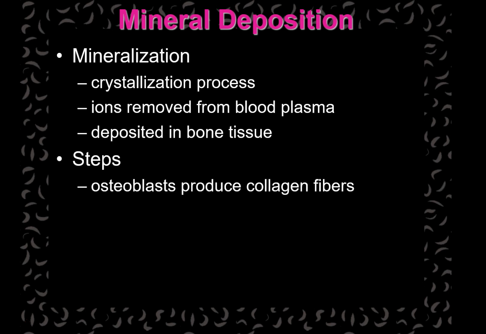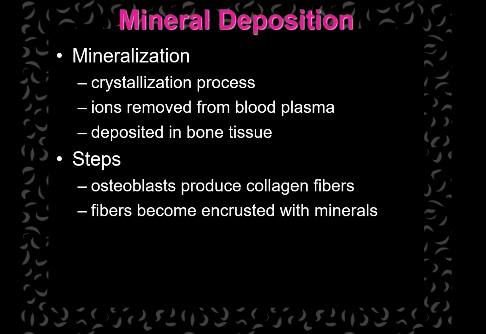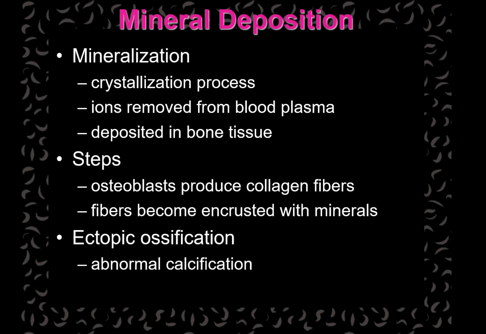Okay? So osteoblasts produce the collagen fibers. The fibers then become encrusted with these minerals, calcium phosphate primarily, and it crystallizes to hydroxyapatite. We can have what's called ectopic ossification, which is abnormal calcification, and that's where this process takes place somewhere that we didn't want it to happen.